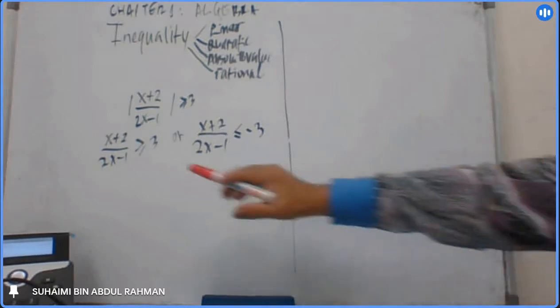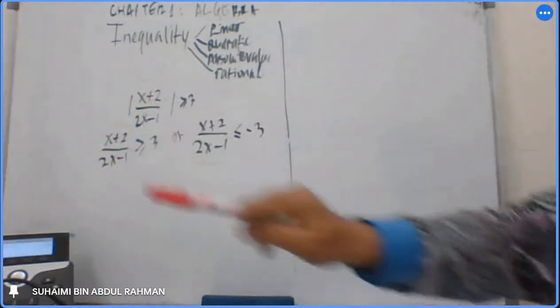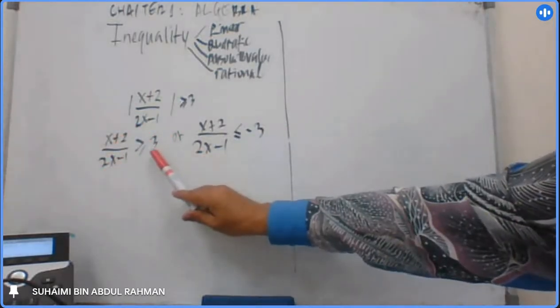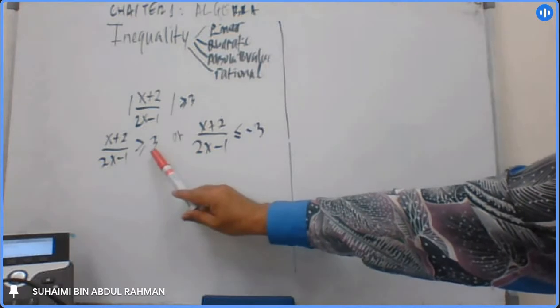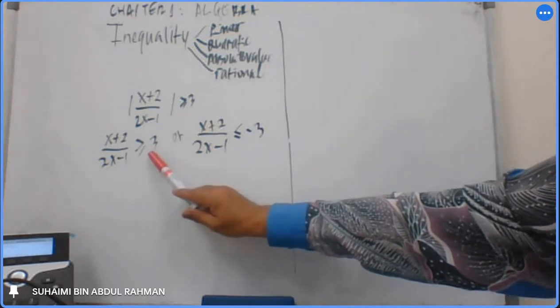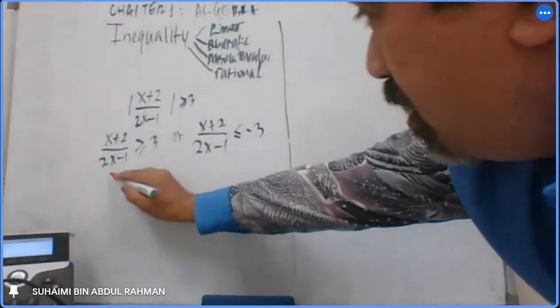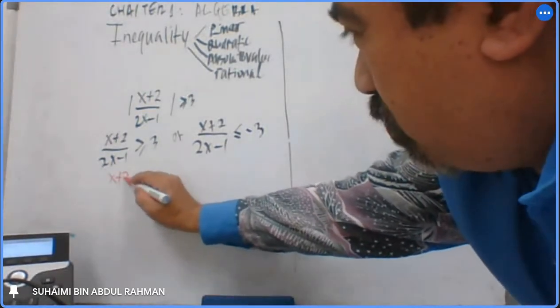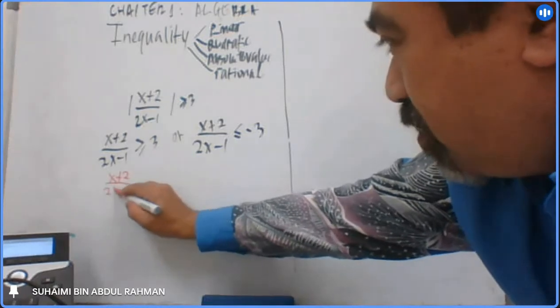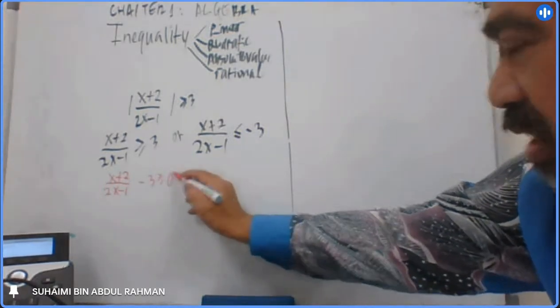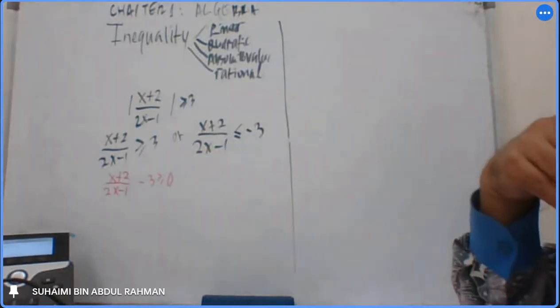So, for this inequality, we want to make the right-hand side 0. So what we have to do is (x+2)/(2x-1) minus 3 greater than or equal to 0.